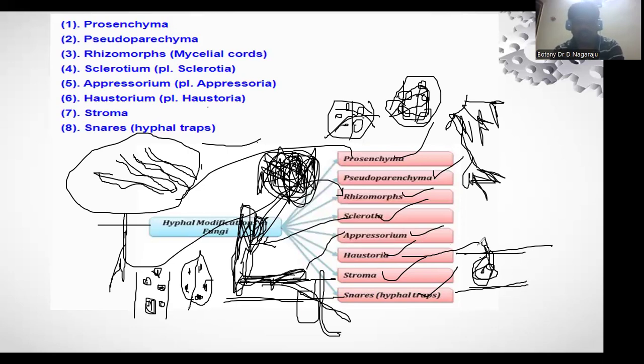If the mycelia penetrate into the host, that is haustoria. Mycelia projecting out as black sprouts, that is stroma. Mycelial hyphae which cover the host and trap nutrition from the host, those are snares. From this also questions are raised, you should remember these are the hyphal modifications of the fungi.